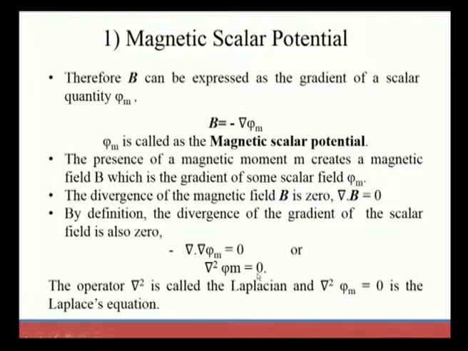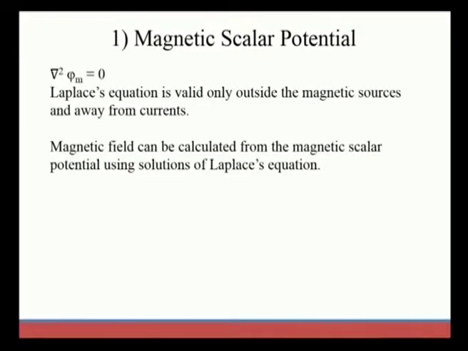This is how we represent the magnetic field in terms of the magnetic scalar potential, using the gradient of the scalar quantity phi m. Now, with the knowledge of the magnetic scalar potential, the Laplace equation, del square phi m equal to 0, is valid only outside the magnetic sources and away from the currents.